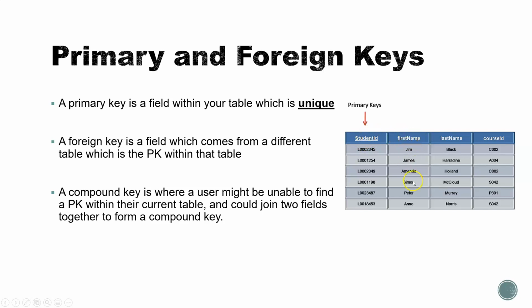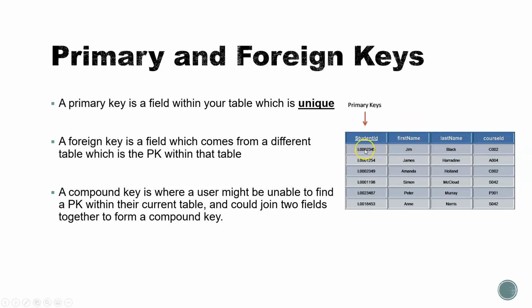I mean, first name would be a rubbish primary key because there are so few first names out there. When I say so few, we're talking about thousands, but it's still not great if you're looking for primary examples. But let's say it is, and you could potentially join these two together.